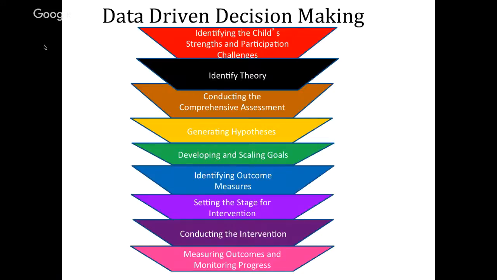The assessment should be comprehensive and from a solid base to be able to hypothesize the underlying factors that inhibit participation. Based on information gathered and in collaboration with the client and the family, we can then develop and scale goals and identify outcome measures. Then we set the stage for the intervention and conduct the intervention, all the while monitoring progress, and at the end, measure our outcomes.